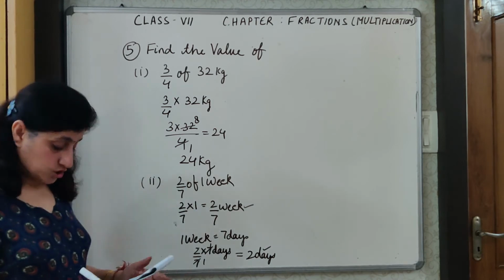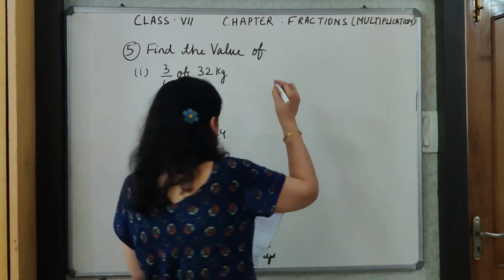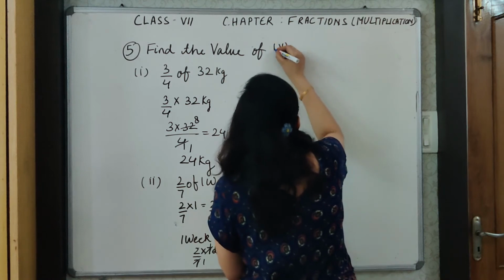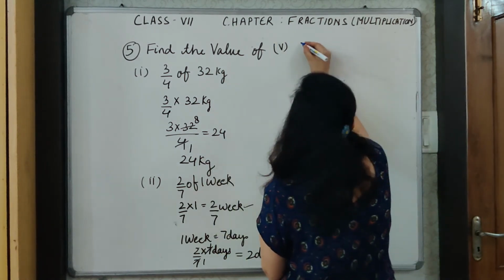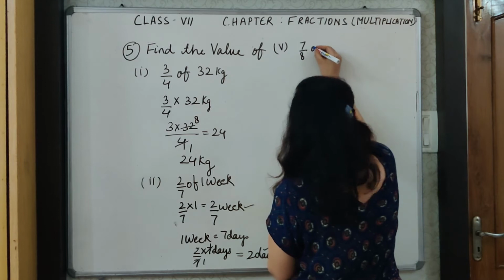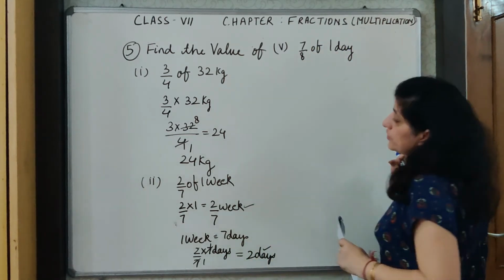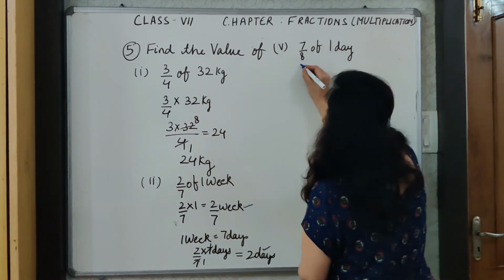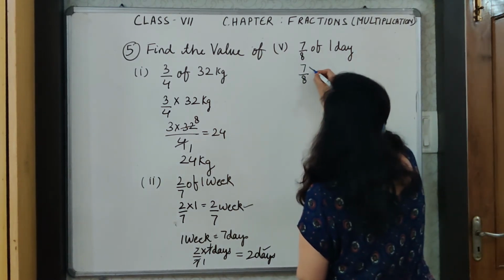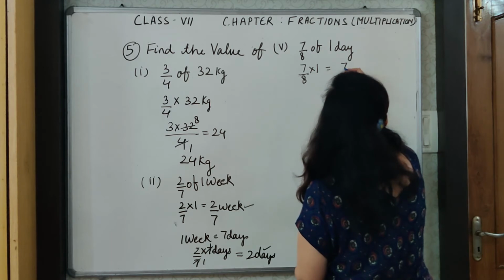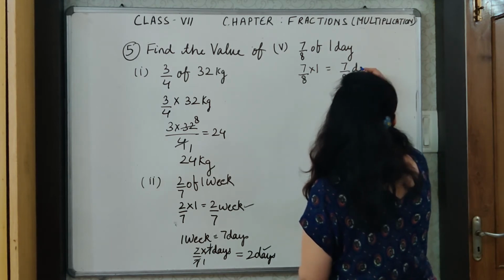Right? So we move on to another type of question. Same type of question it is. The next one is 7 by 8 of 1 day. Now, we can write the answer simply like this also: 7 upon 8 multiplied with 1 is equal to 7 by 8 of the day.